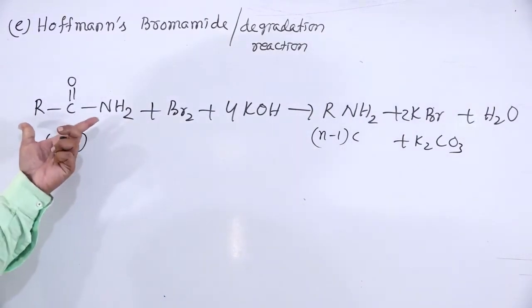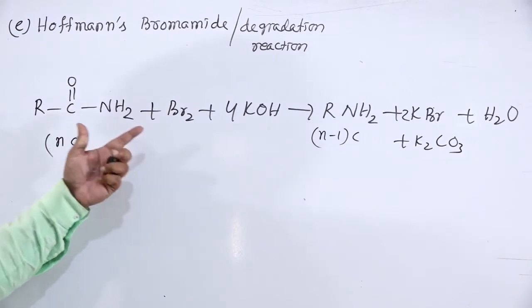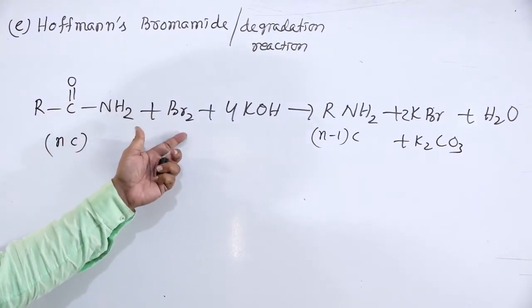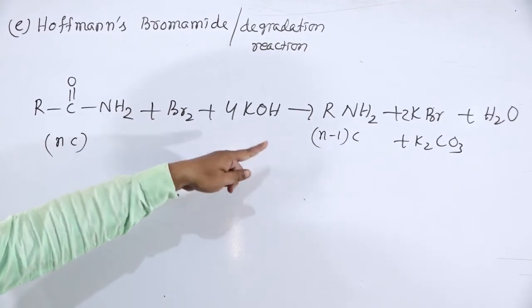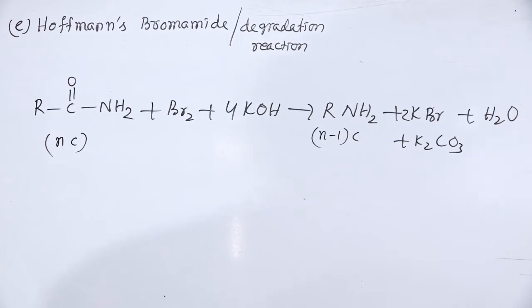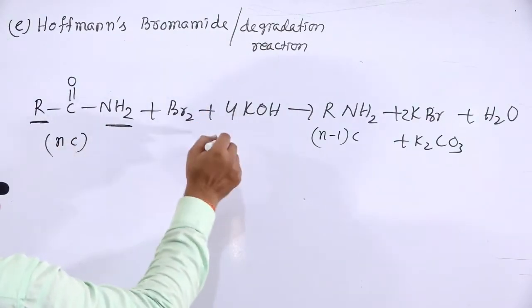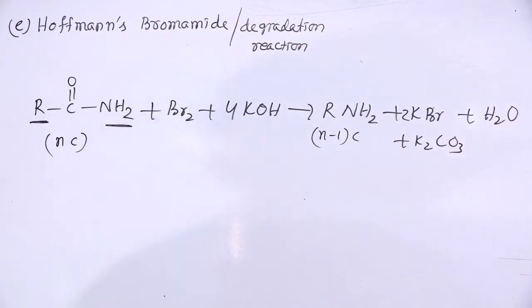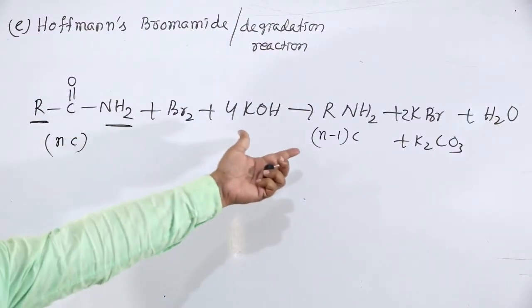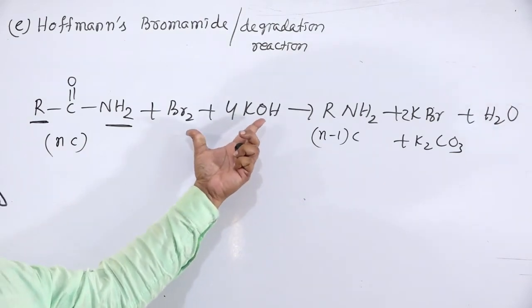So the acid amide, whenever it is treated with bromine and KOH, forms an amine with one carbon atom less, RNH2, K2CO3, KBr, and therefore this reaction is known as Hofmann's bromamide or degradation. Degradation means decrease, the decrease of the carbon atom.